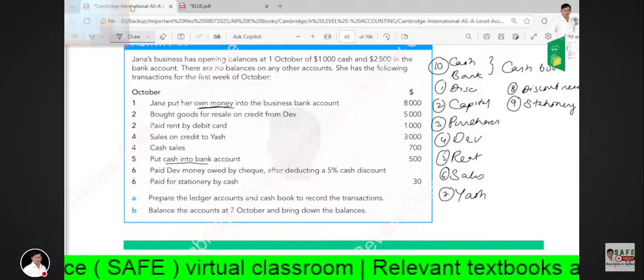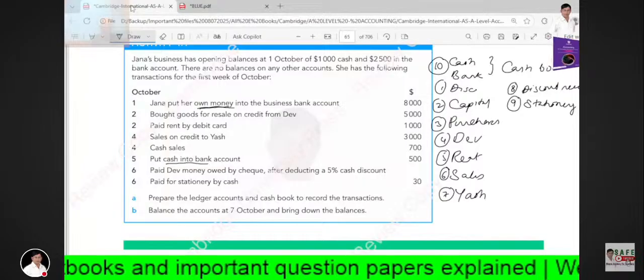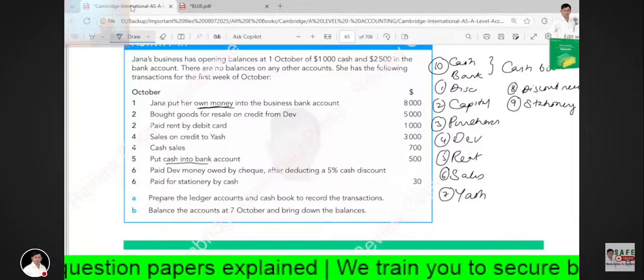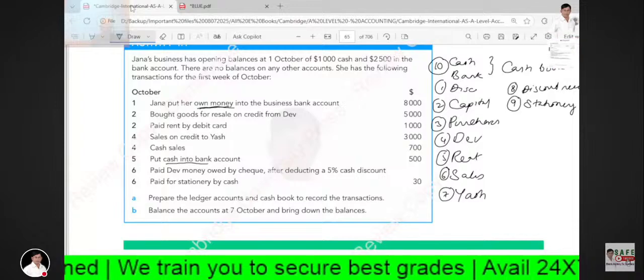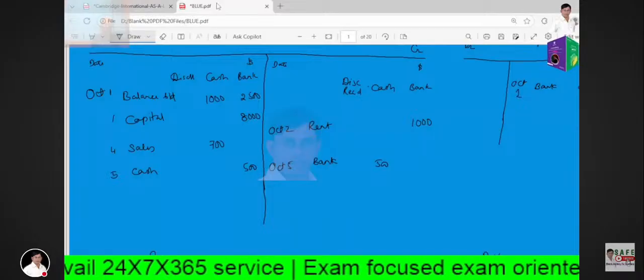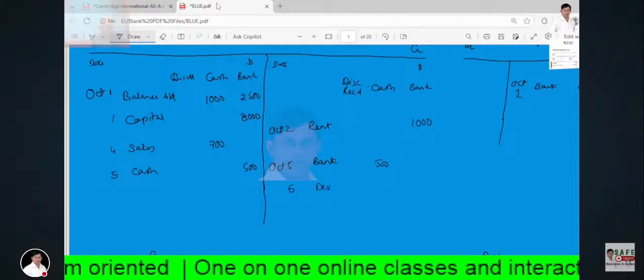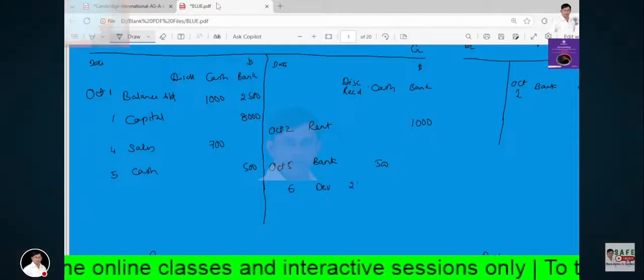So we have paid 4,750. Discount is 250. We have received a discount of 250 on the 6th.